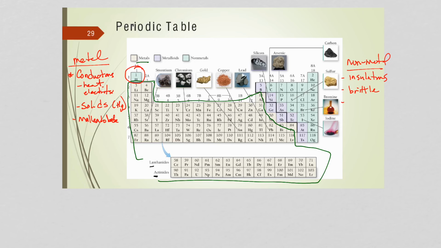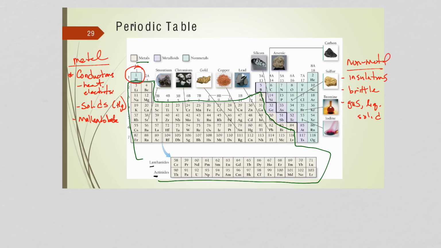They exist in all three phases. Most are gases. There's one liquid and a few solids, the one liquid being bromine here. But a lot of these exist as gases. And so they have certain unique properties.